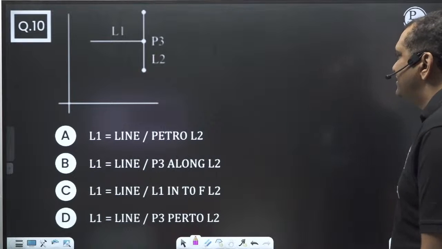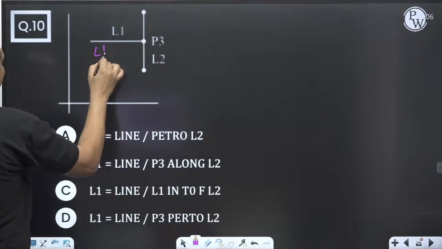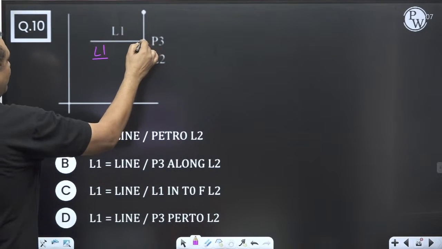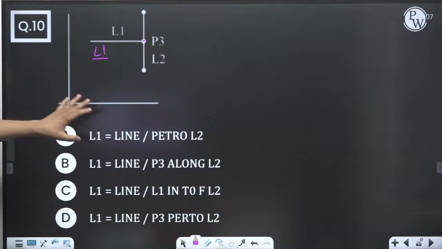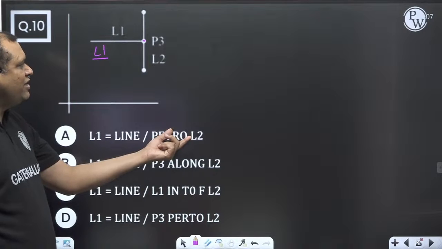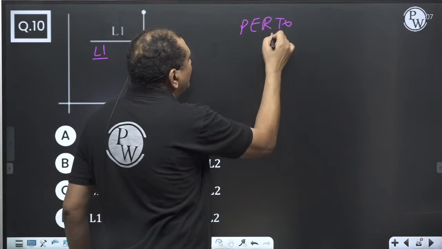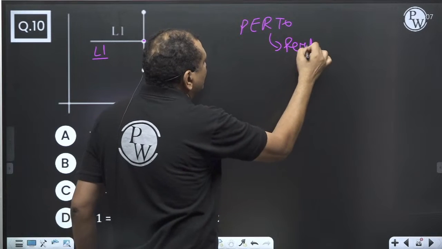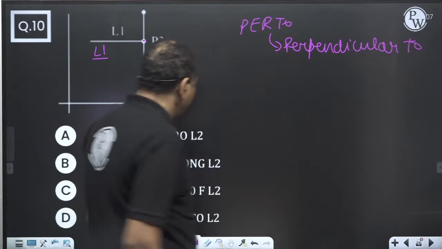Now here, I want to define line L1. L1 is a line. P3 is that point. Can I say perpendicular to L2? Per to means perpendicular to.